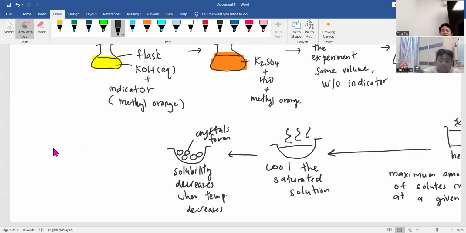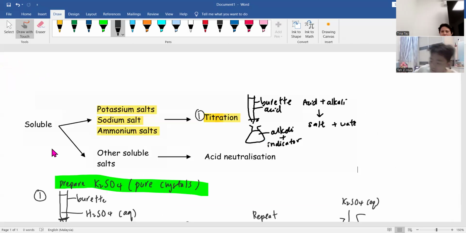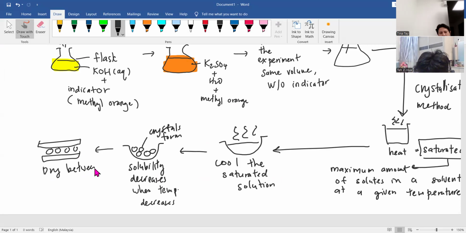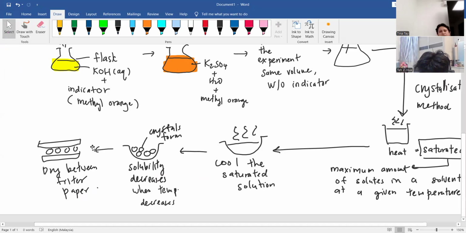And then finally, after this, you dry it between filter paper. Okay.